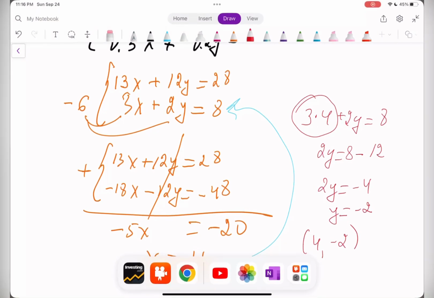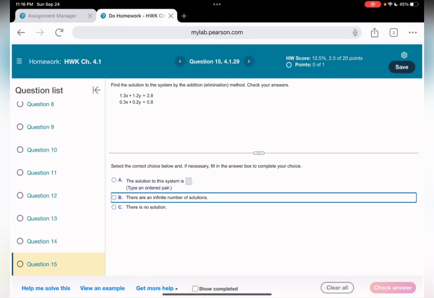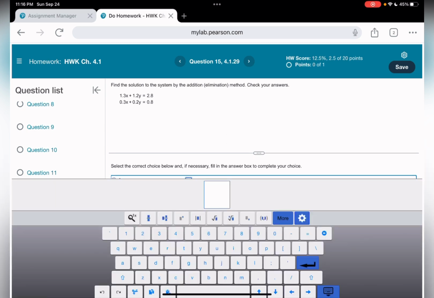Let's go. So parentheses, four comma negative 2.